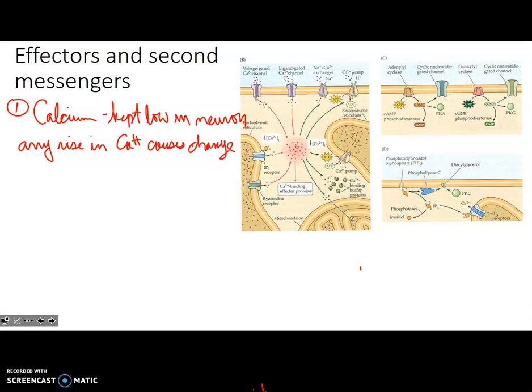Okay. Now, once calcium enters the cell, it doesn't typically stay free. Typically, it binds to proteins. Some proteins are there to just buffer the amount of free calcium that exists, right? So there's proteins like calbindin.